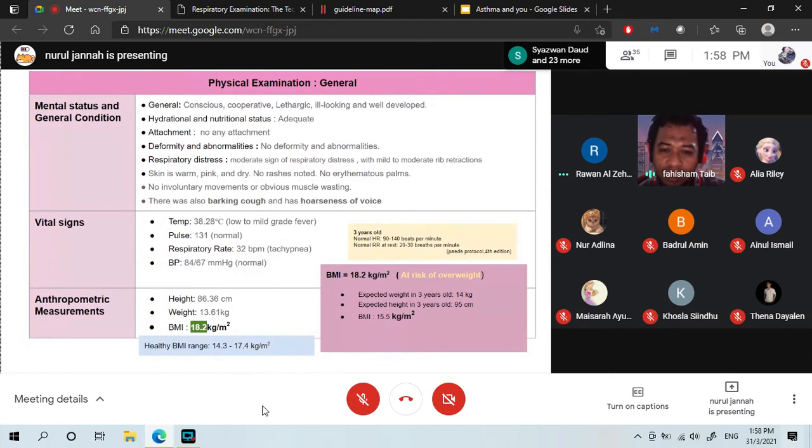Whatever the SpO2 in a normal child, without any congenital heart trouble or cyanotic heart issue, you should expect it to be more than 95%. So if it's less than 95%, what does it indicate? The child is tachypneic with less than 95%, what do you need to do?